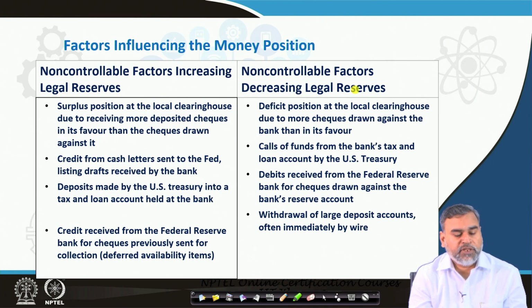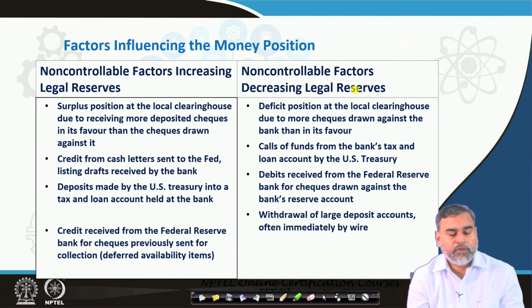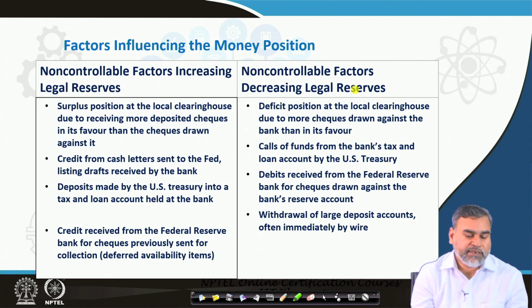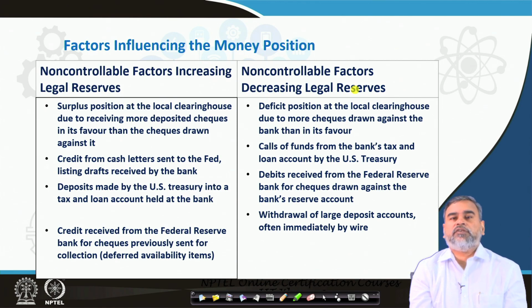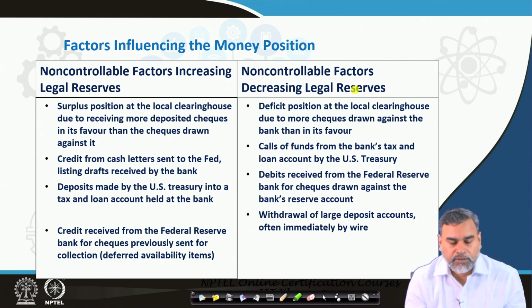Then checks drawn in its favor, credit from the cash letter sent to the central bank, drafts received by the bank, and deposits particularly made by the US Treasury into a tax and loan account held in that particular bank, and the credit receipt from the central bank for the checks previously sent for collection, that is also part of the legal reserve calculation of the commercial bank.